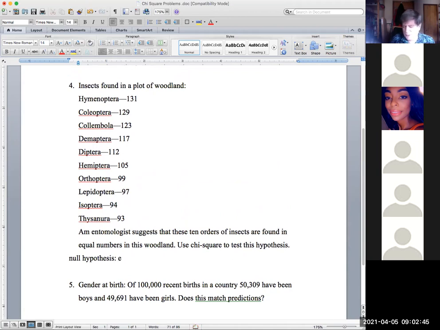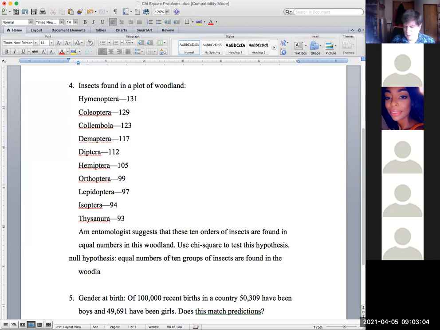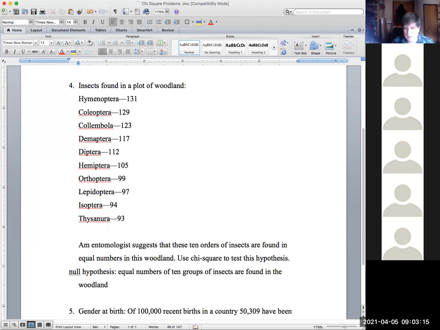But the null hypothesis would be equal numbers of 10 groups of insects found in the woodland. Or it might be worded slightly differently. Now, if we add up all our groups of insects, the numbers in each one, these are going to add up to 1,100.